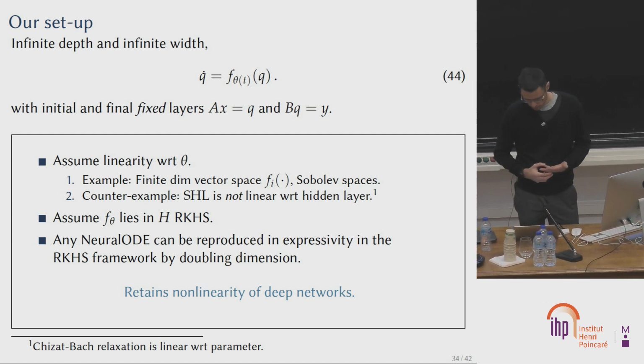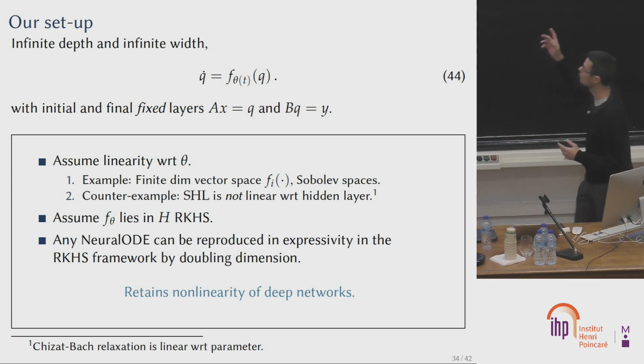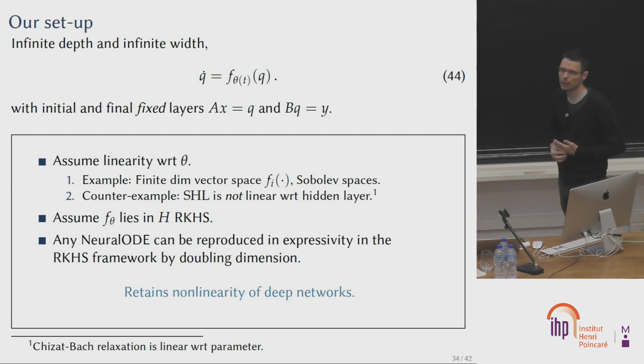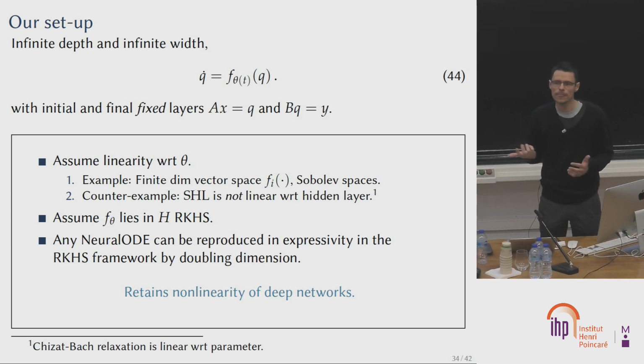And if you are not happy with it, I can tell you that I can turn f theta, which is a shallow hidden layer, by doubling the dimension, into a neural ODE of the kind I mentioned, which is linear in the parameters. I make the hidden layer not hidden anymore, by doubling the dimension.